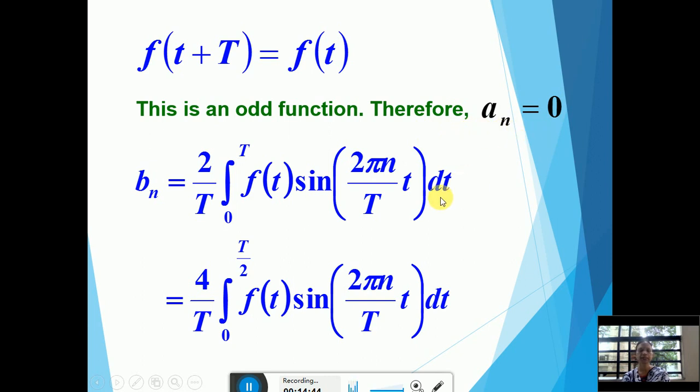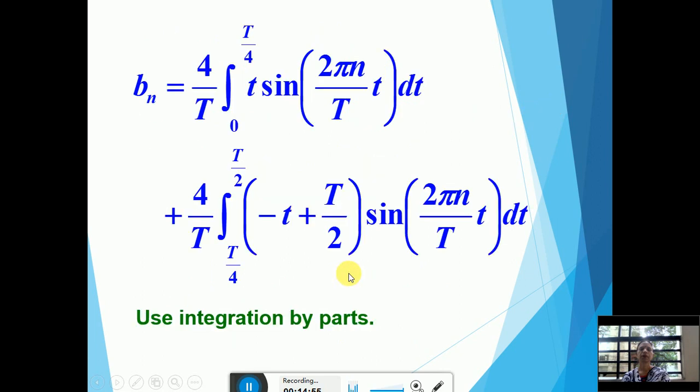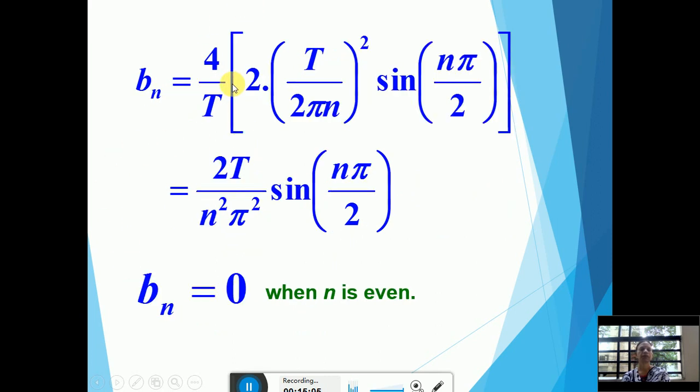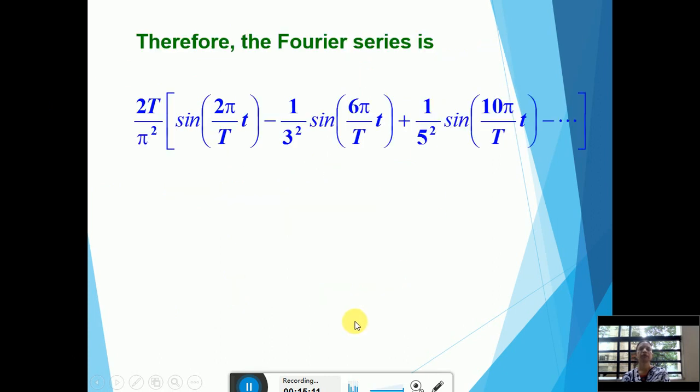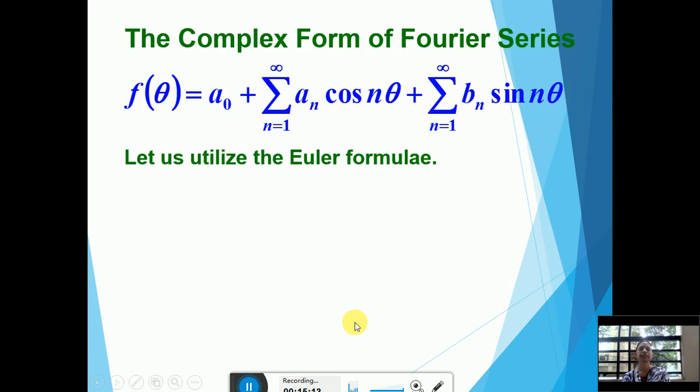Bn is calculated using this relation. Use integration by parts. You divide this integral between 0 to T by 4 and T by 4 to T by 2. When you integrate, this becomes 0. Therefore, the Fourier series is given by this.